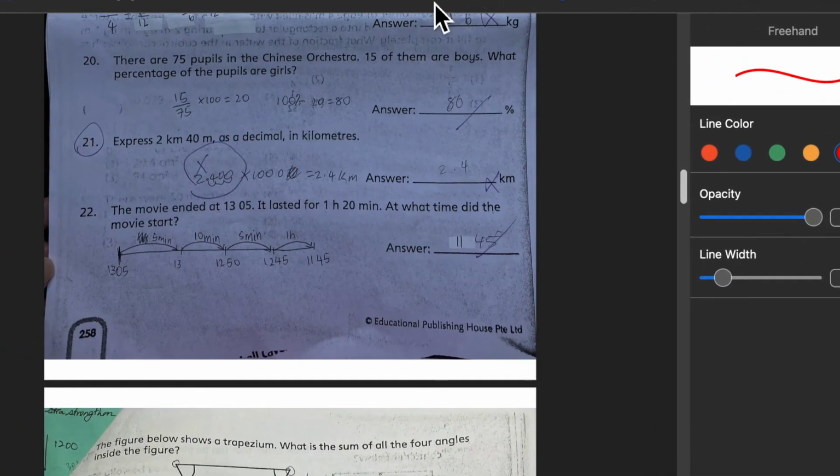So if I convert kilometer to meter, I will times 1000, so it will be 2000 meter. You see, you didn't write any unit at all, so you're totally confused.